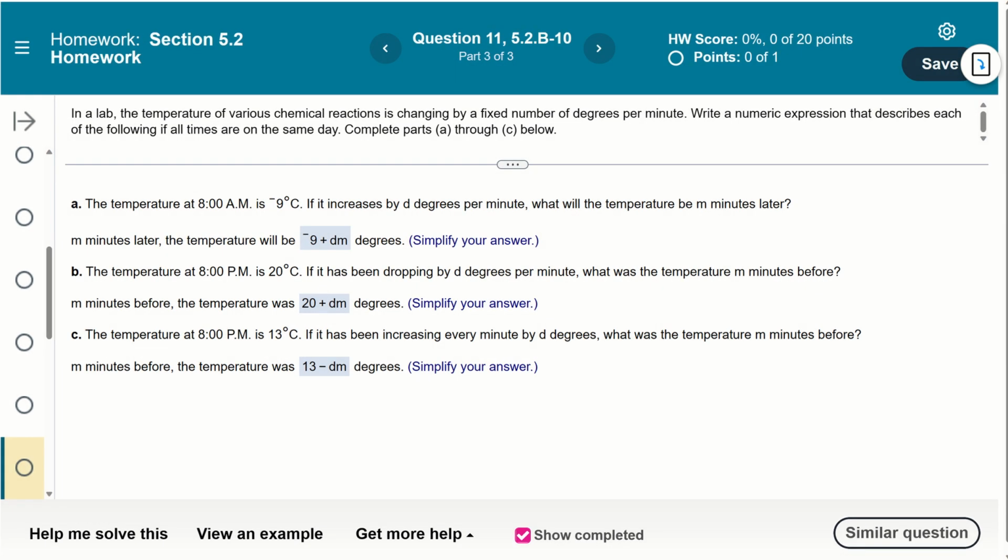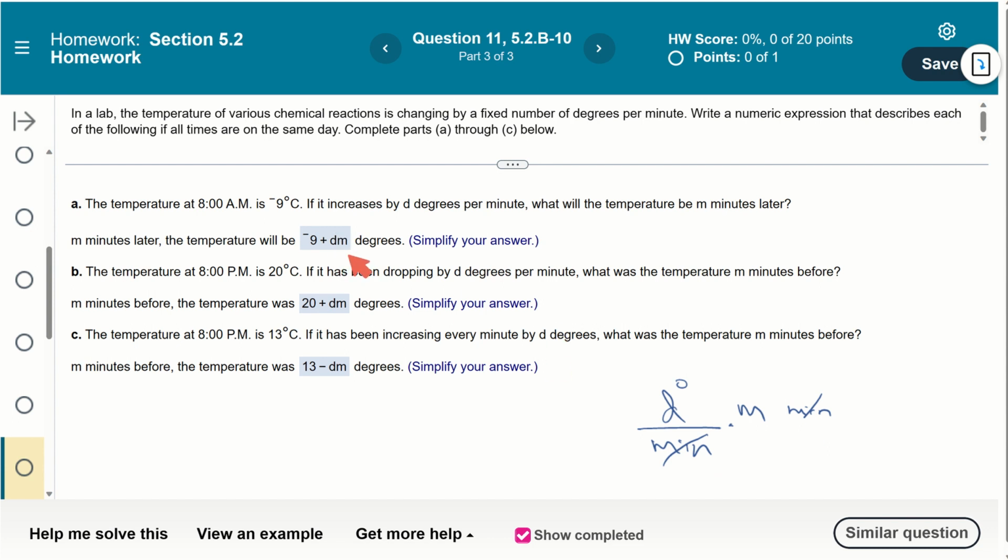Let me show you real quickly. It's increasing by d degrees per minute, right? For m minutes, times m minutes, right? So notice these minutes will cancel out, and you're just going to get dm.